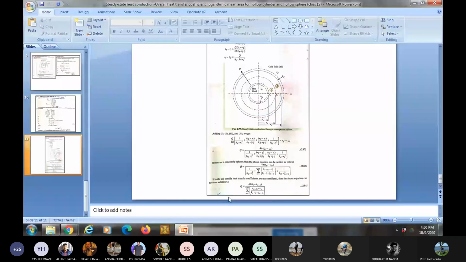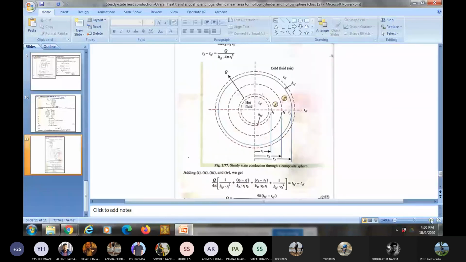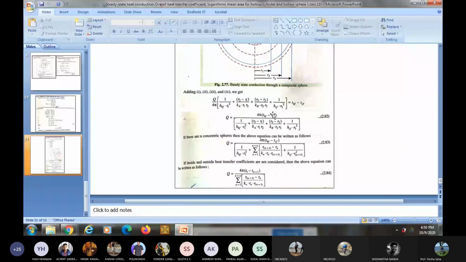Then you can take the temperatures on the left hand side and the other parameters on the right hand side, add these equations, and finally Q = 4π (Thf − Tcf) divided by [1/(hf R1²) + (R2 − R1)/(Ka R1R2) + (R3 − R2)/(Kb R2R3) + 1/(hcf R3²)]. As you can see, you can rearrange this term and write it in summation form also.